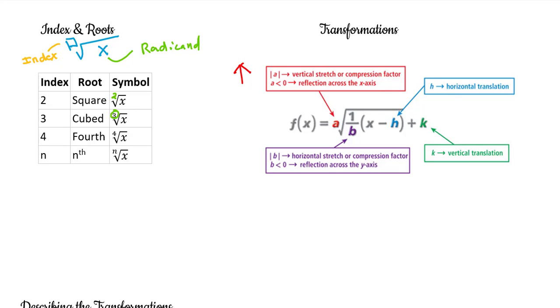Let's summarize a little bit: vertical transformations are outside the radicand. Anything that's happening vertically is outside the radicand.